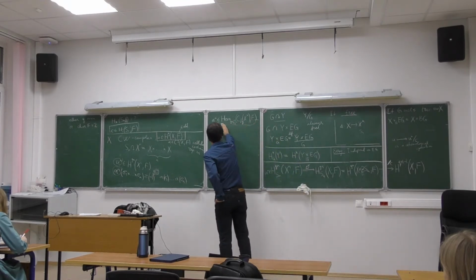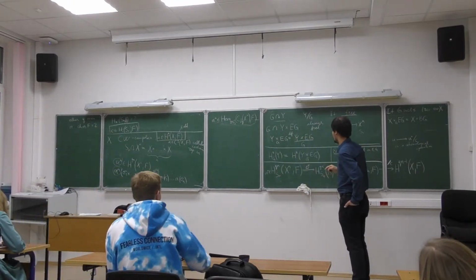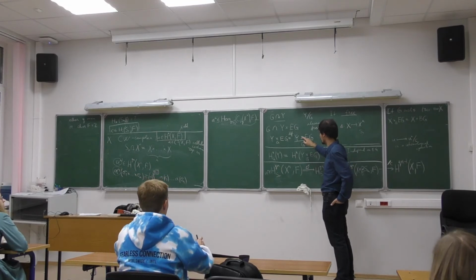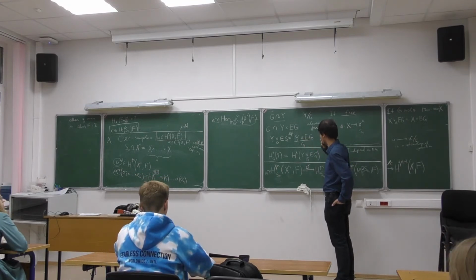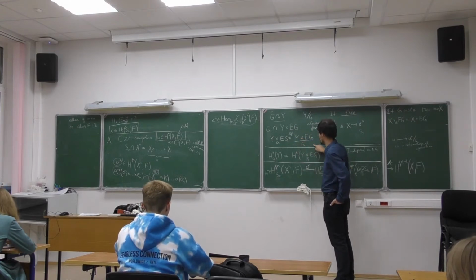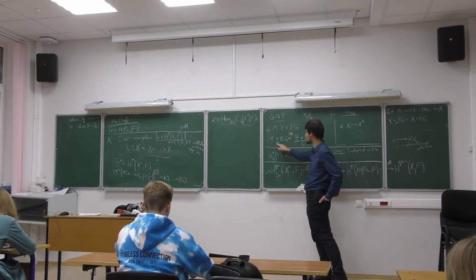This is the cochain complex of this space. But to say that we have a chain on this cell CW complex is the same as cochain, is the same as to say that we have G invariant cochain here.